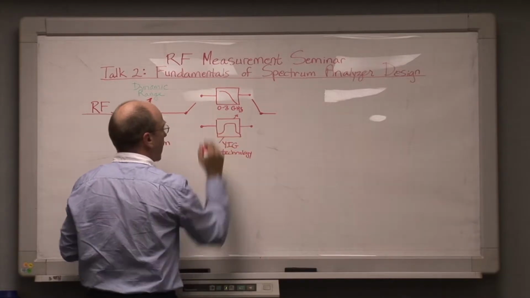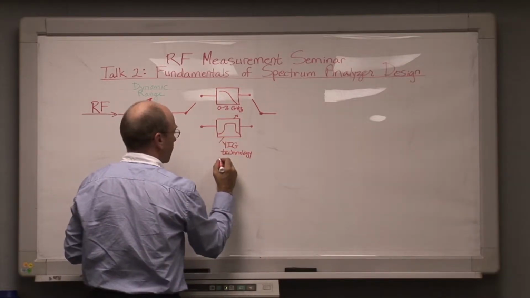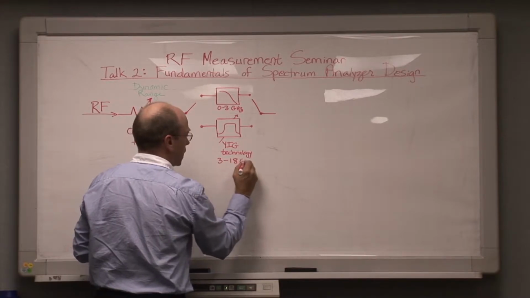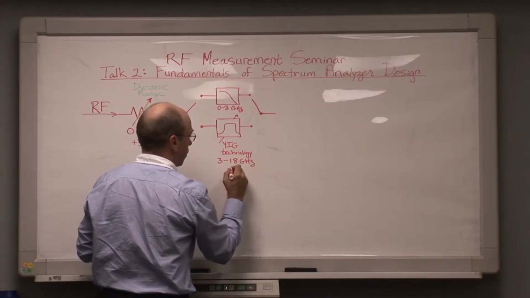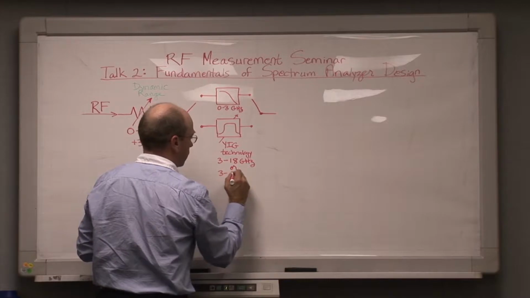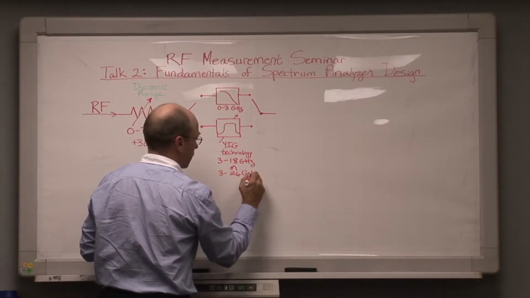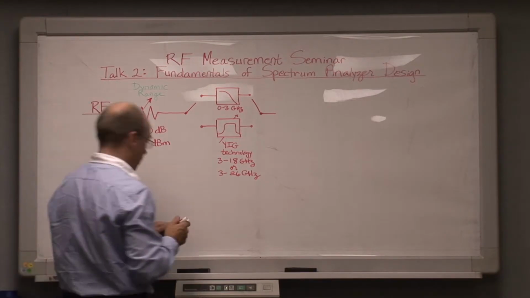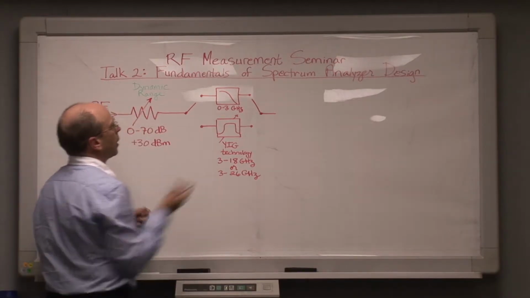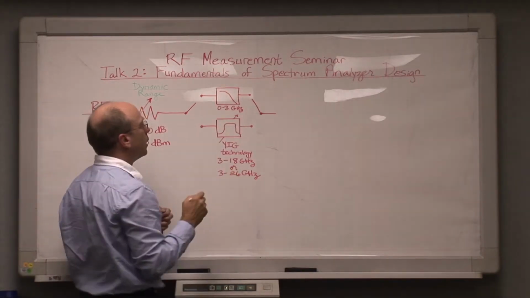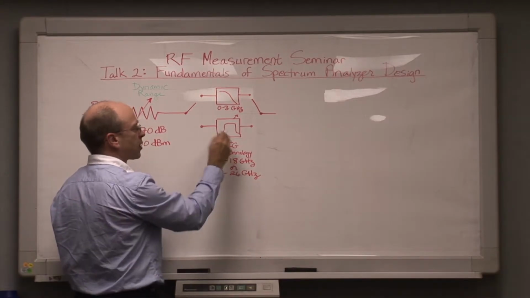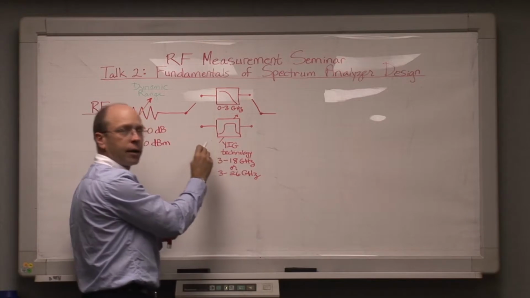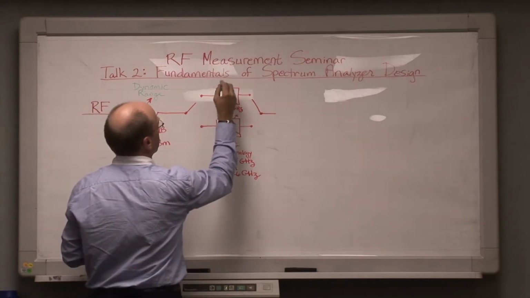And where the low pass goes 0 to 3 gigahertz, this filter will typically go from 3 to 18 gigahertz or 3 to 26 gigahertz, depending upon your spectrum analyzer design. Now, this functionality is designed to prevent overload by the spectrum analyzer on strong signals that are not on the frequency that you're measuring.